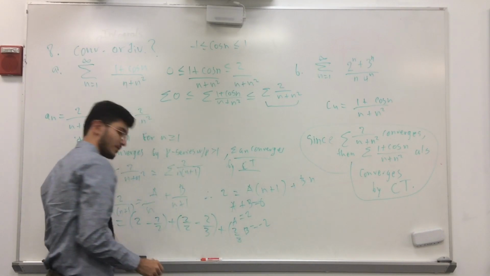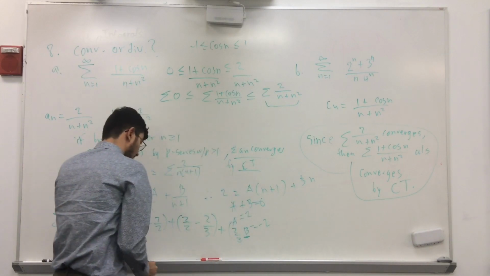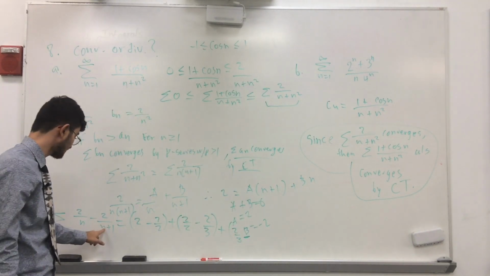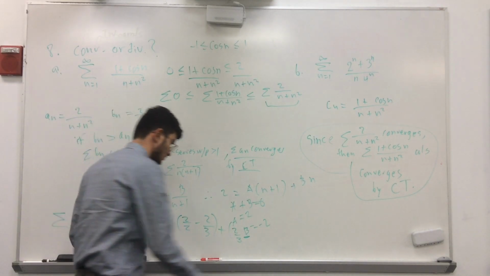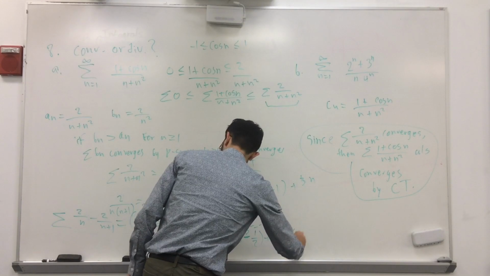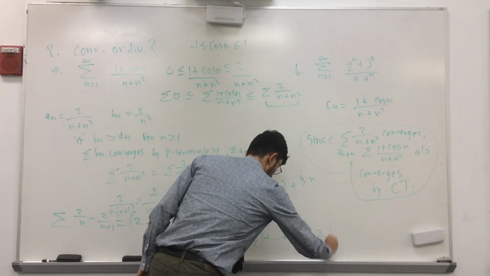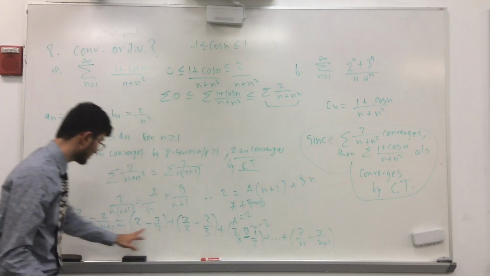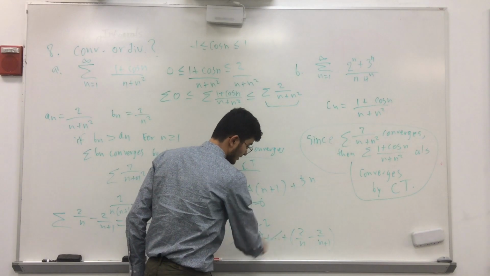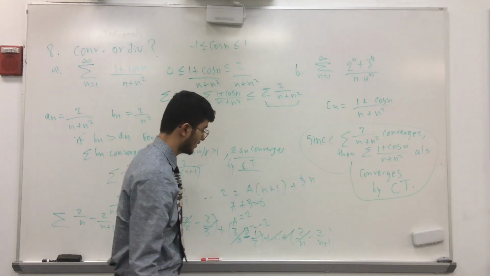At n equals 3, we have 2/3 minus 2 over (3 plus 1), which is 1/2, plus dot, dot, dot, plus 2 over n minus 2 over (n plus 1). What's going to happen is that each term cancels out with the next term, and at last this cancels out with the previous term.